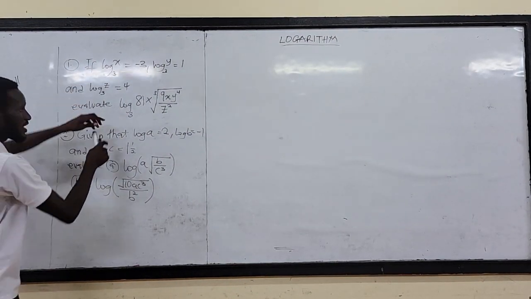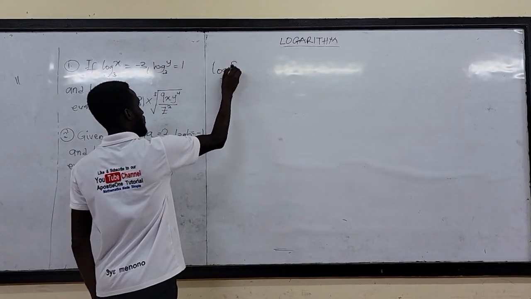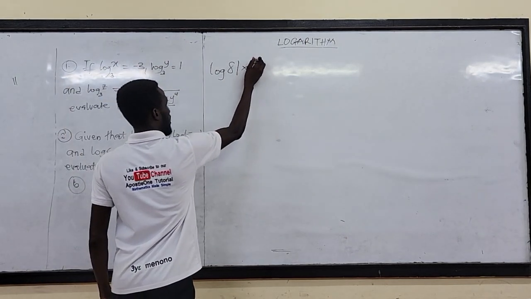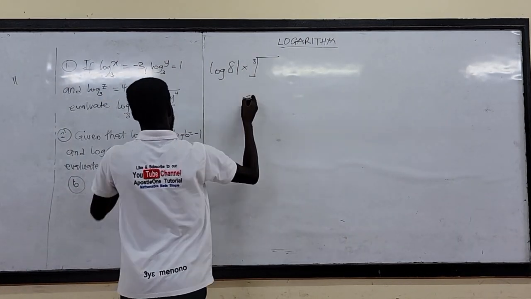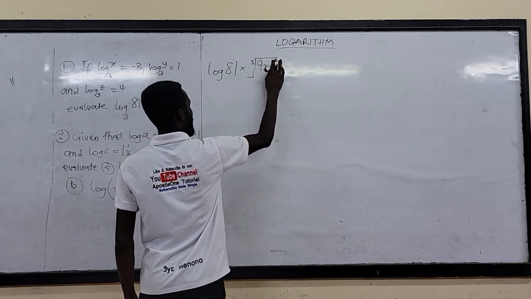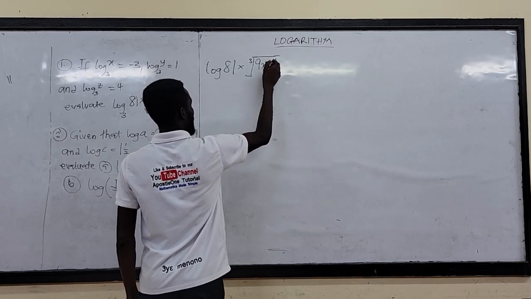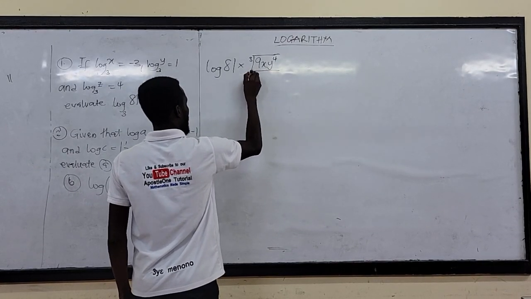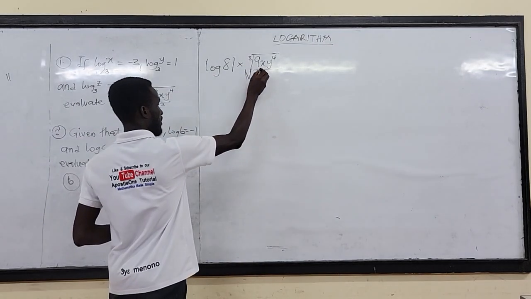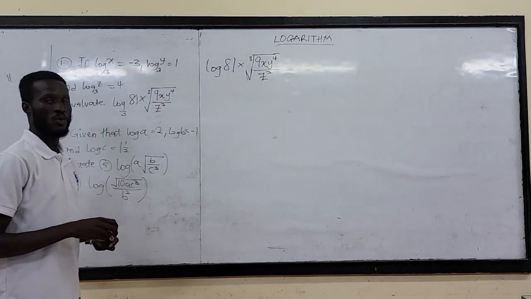And we have to evaluate log of 81 times the cubic root of 9xy exponent 4, divided by z squared.